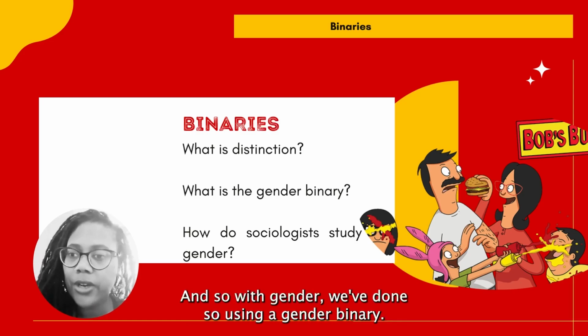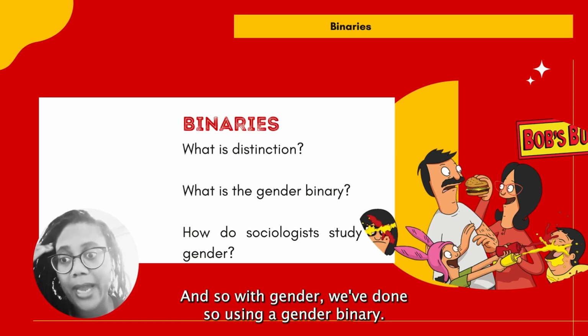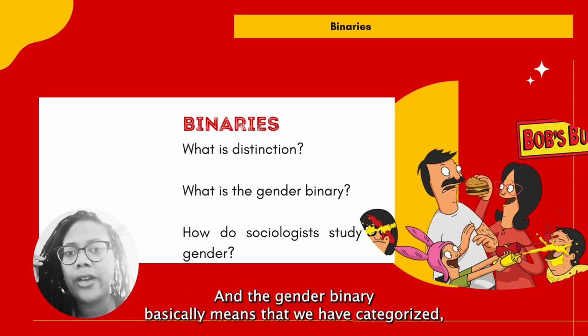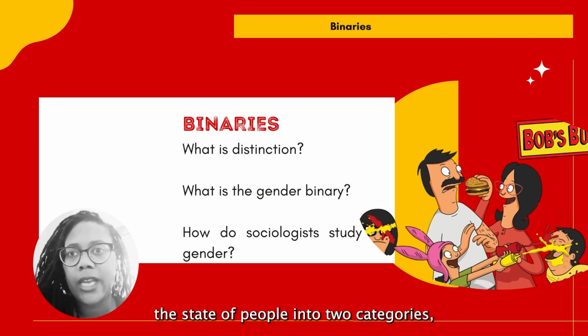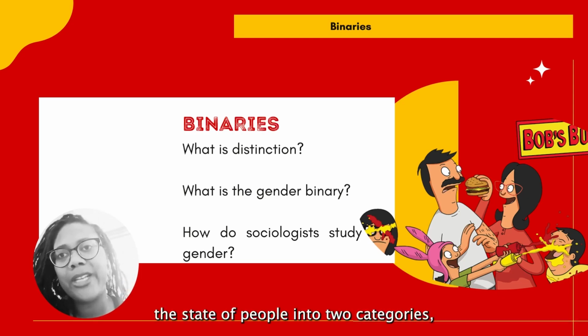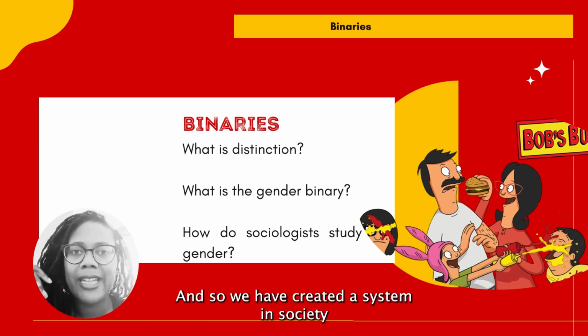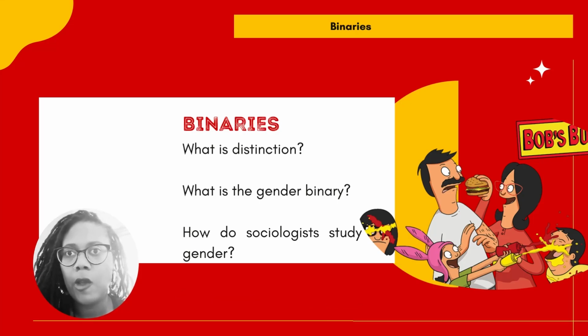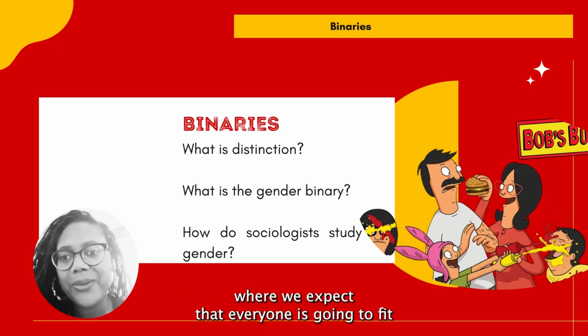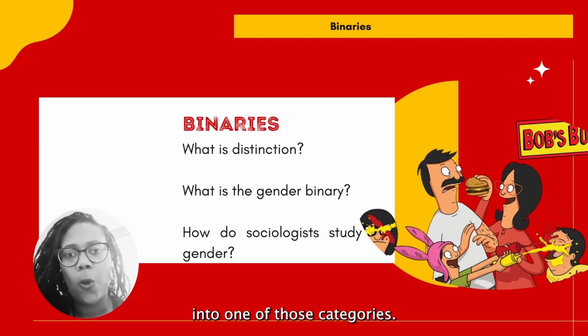And so with gender, we've done so using a gender binary. And the gender binary basically means that we have categorized the state of people into two categories, and those either lean towards masculinity or femininity. And so we have created a system in society where we expect that everyone is going to fit into one of those categories.